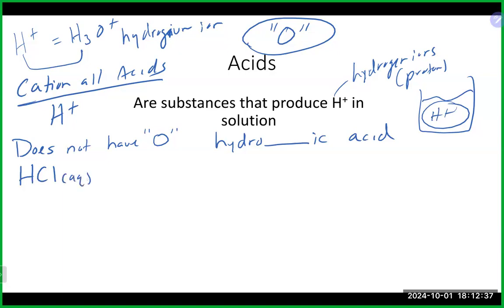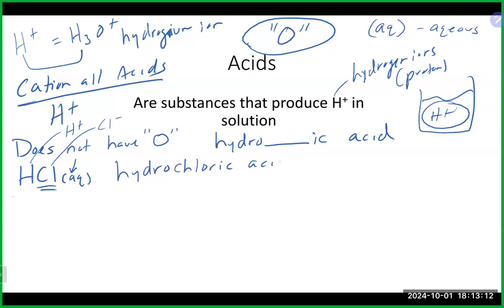And by the way, when we write formulas for acids, we use the aqueous symbol to indicate that it's a solution, and it's the acid form. So here we do not have oxygen. The cation here is H plus. The anion is Cl minus, which is why we have one of each in that formula. And that means we have our friend, hydro. The missing part comes from the anion. So that is hydrochloric acid.